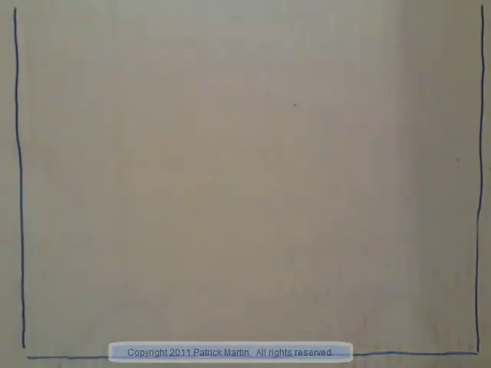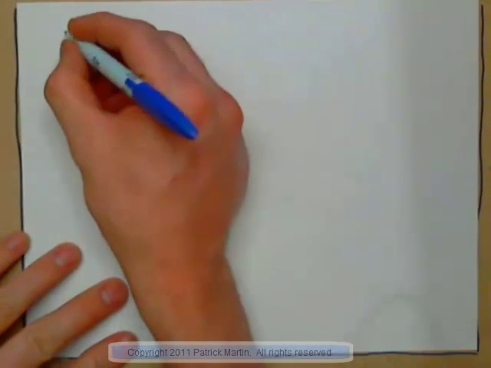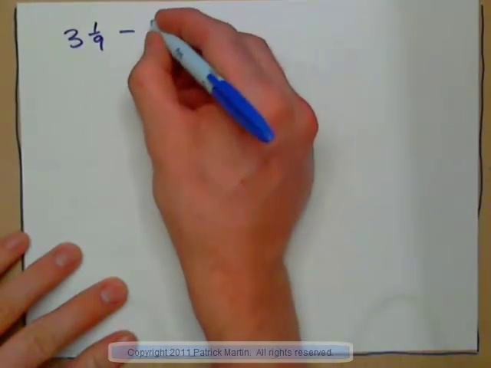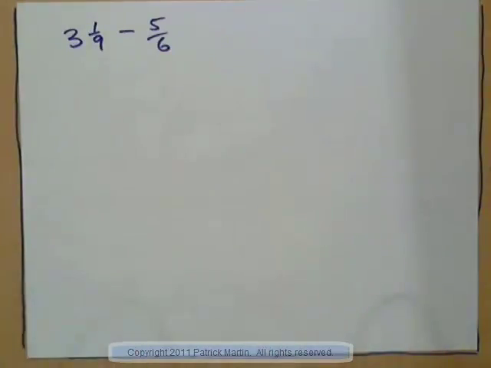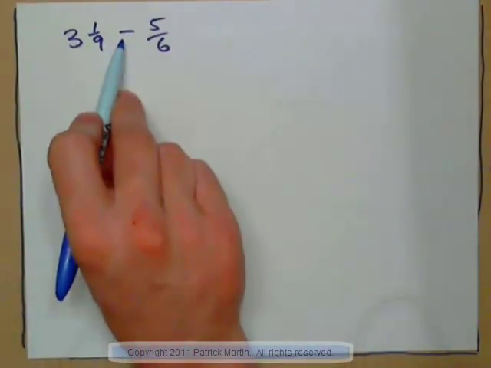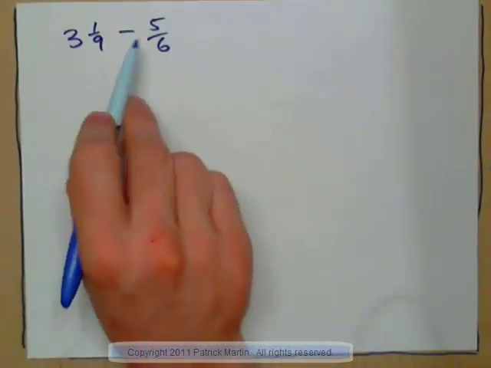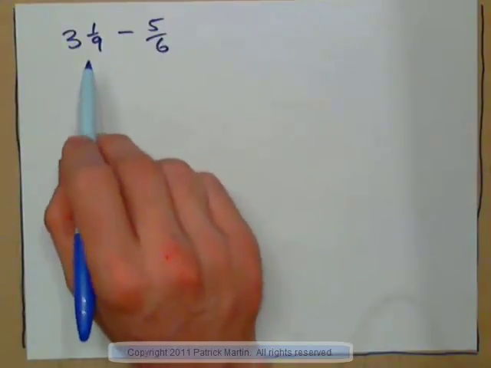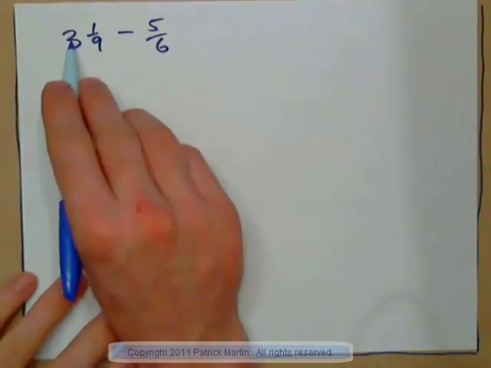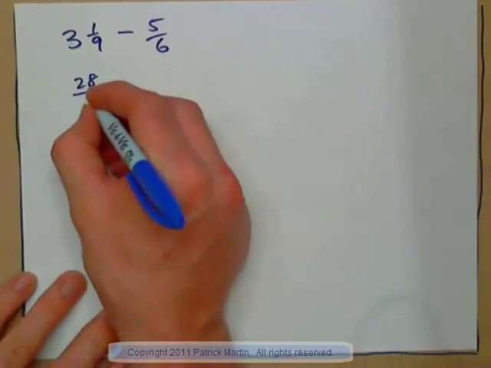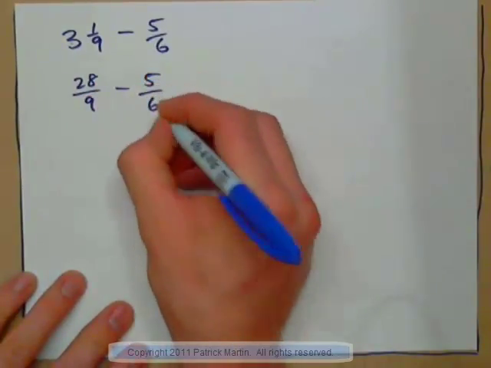Okay, so really quickly, if you had a mixed number, that's not a big deal either. Something like 3 1/9 minus 5/6. What you want to do, again, when you're subtracting fractions, is to turn these into improper fractions. That sometimes helps. So 9 times 3, 27 plus 1, that's 28/9 minus 5/6.